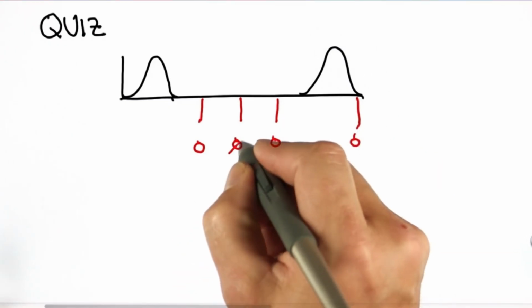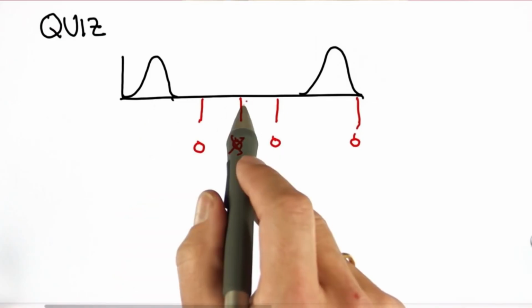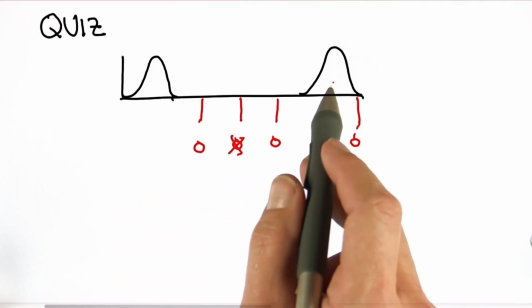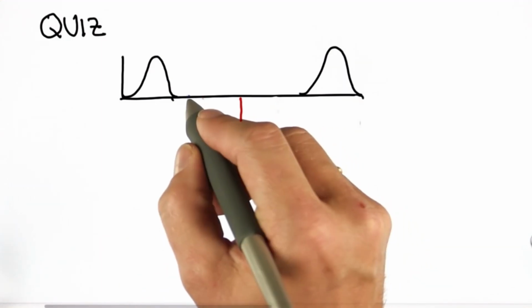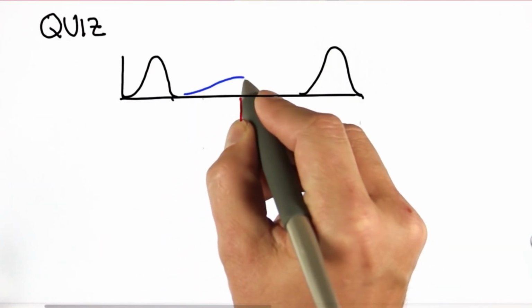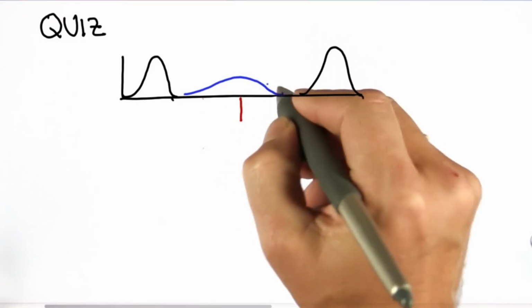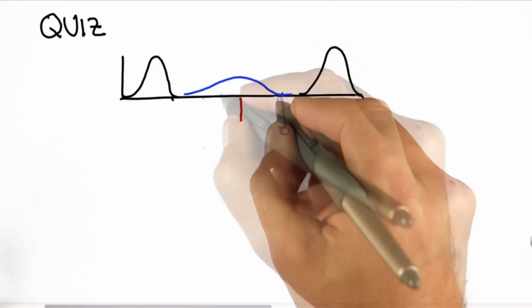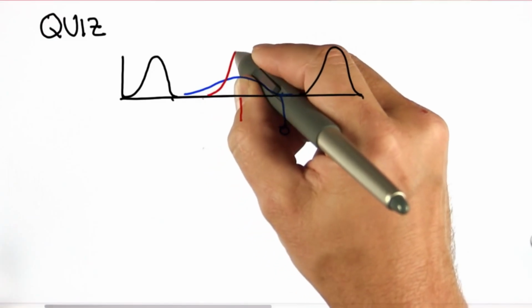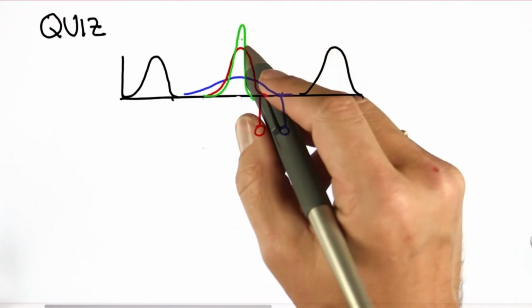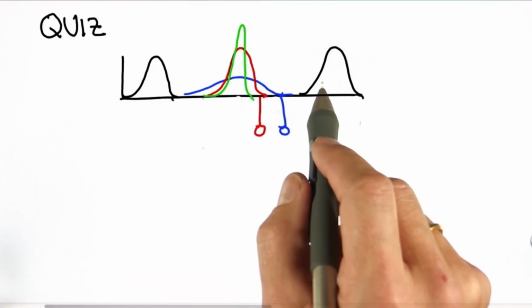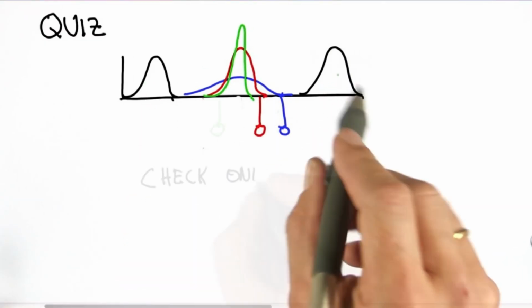And the answer is here. It's in the straight middle because these two variances are the same, so we just average the means. Let me ask the hard question now. Will it be a Gaussian like this, where the variance is larger, a Gaussian with the exact same variance, or an even more peaky Gaussian that's more certain than the two original factors in this calculation?